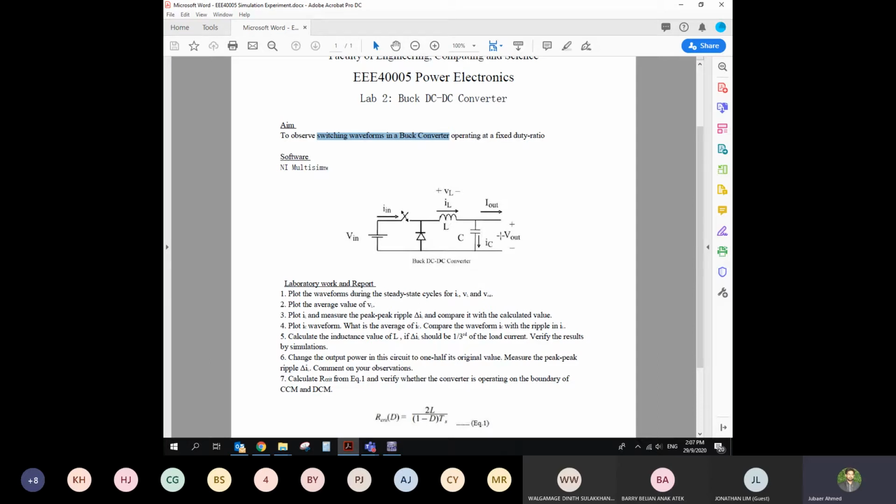Most of the cases, the voltage on the output side and the capacitor voltage will be the same. So our main objective will be to look at the current and voltage at the capacitor and the inductor. This is a very generic circuit of a buck converter where the input has to be a DC voltage since it's a DC-DC converter.